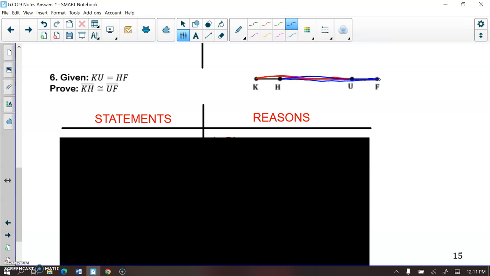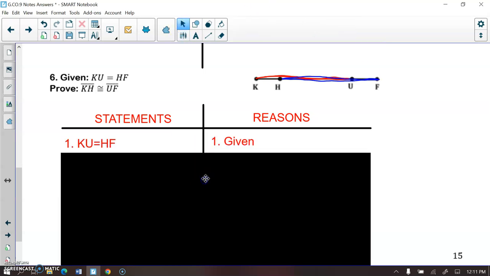It makes sense then that KH would be equal to UF because we have both of those, that blue and red segment overlapping at HU. But then we're going to want to state that they're congruent after we state that they're equal.